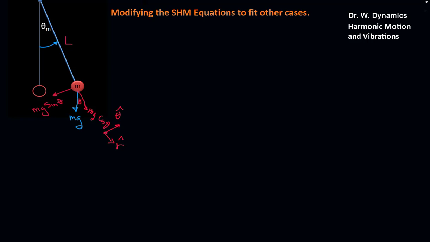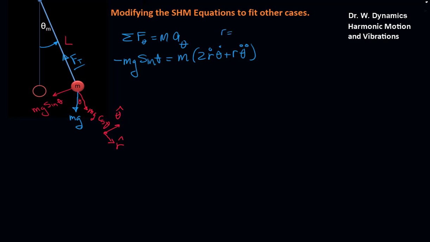We would also have a tension force here. And in the theta hat direction, the sum of the forces in the theta hat would be m a theta hat. We have simply negative mg sine of theta is equal to m times (2 r dot theta dot plus r theta double dot). In this case, r is equal to L, and it's a constant, so r dot is 0.